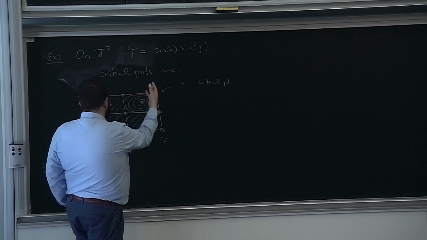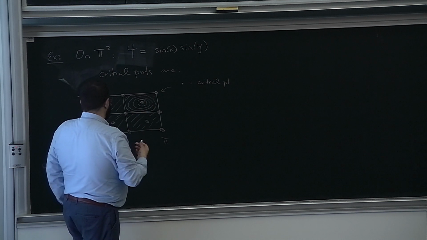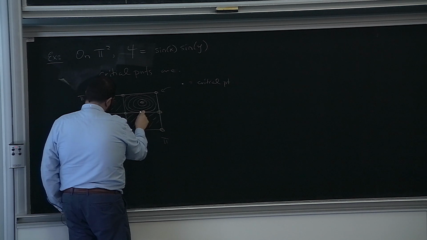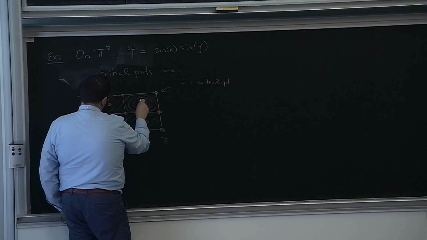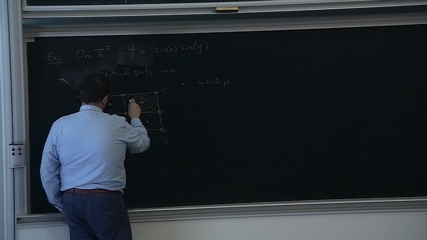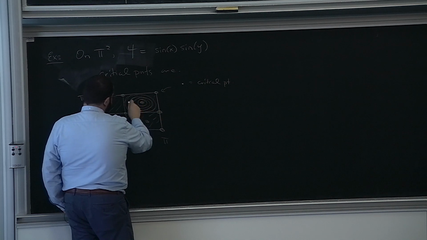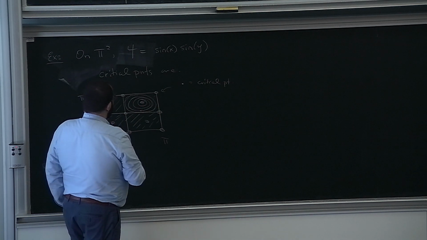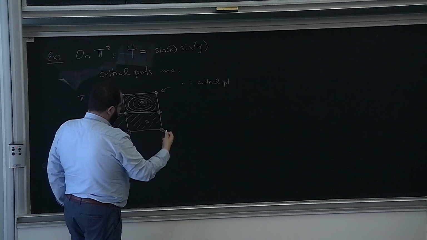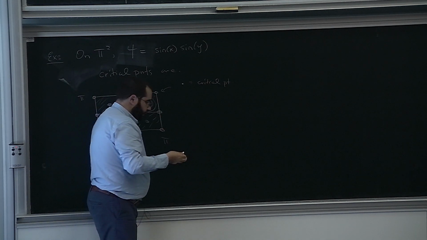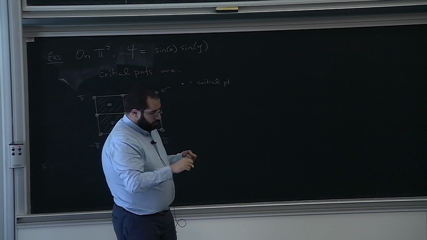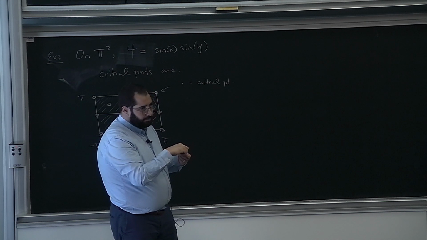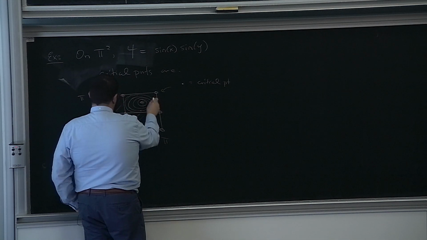Okay, so from this example, it's easy to conjecture that the motion of a particle has to be restricted to these level sets. And the lemma we're going to say is that for any Hamiltonian motion, the trajectory starting from a regular point is time periodic. Okay, so this has to just go around.